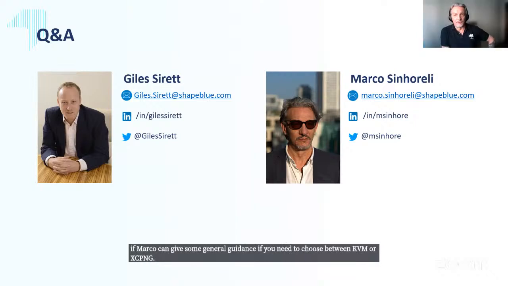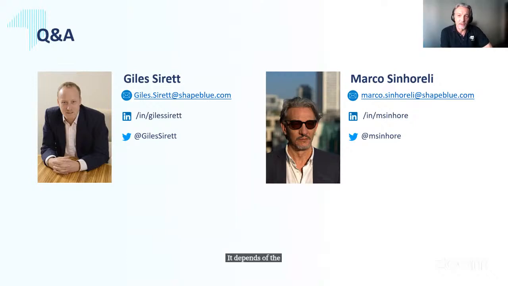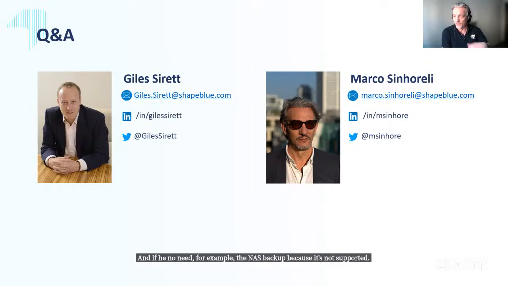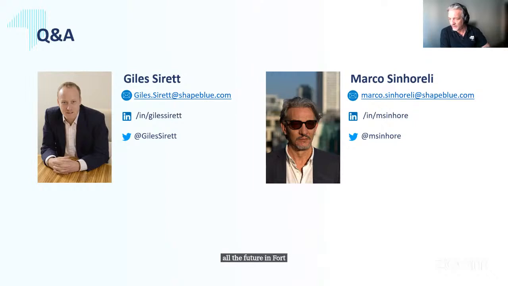It depends on the use case he has. For example, if XCP-ng fits him, and if he does not need, for example, the NAS backup, because it's not supported, that is a feature in 4.20 supported only with KVM.